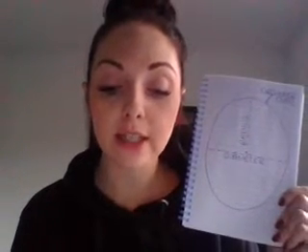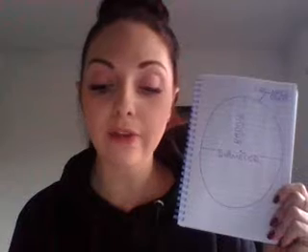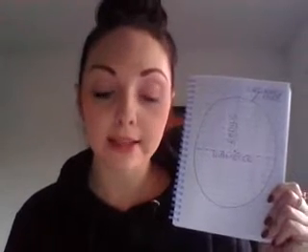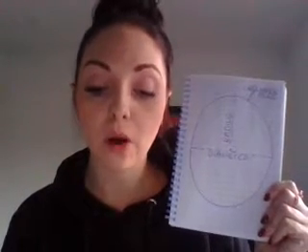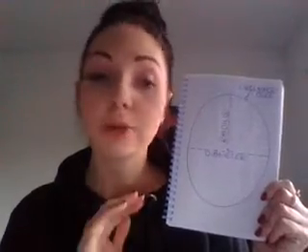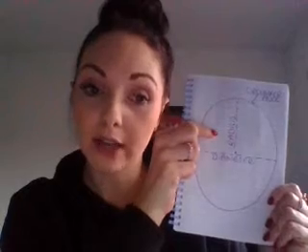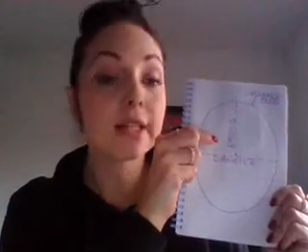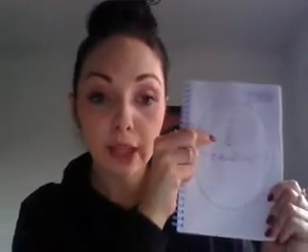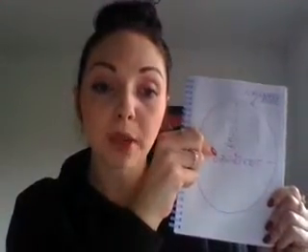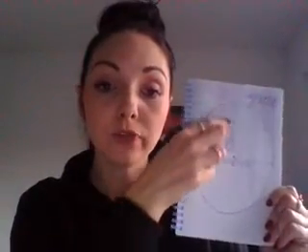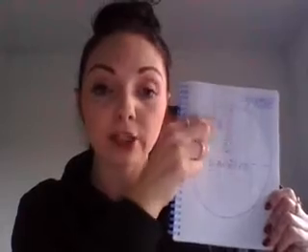Before we can work out the original diameter, we need to work out the original radius. So you need to do 16 divided by 8, and that will give you the original radius. But we want the original diameter. So once you've got the radius, you then need to multiply it by 2, and that will give you the original diameter.